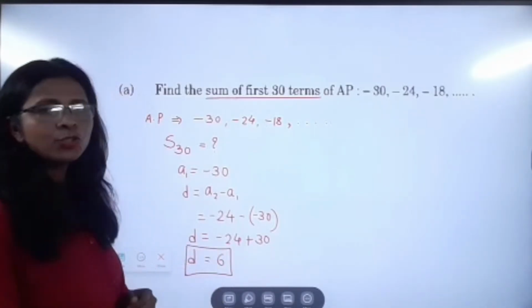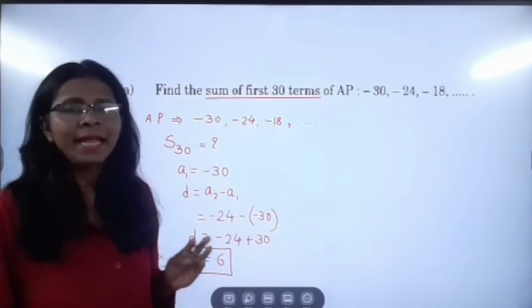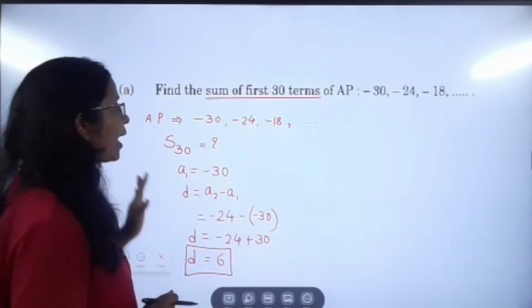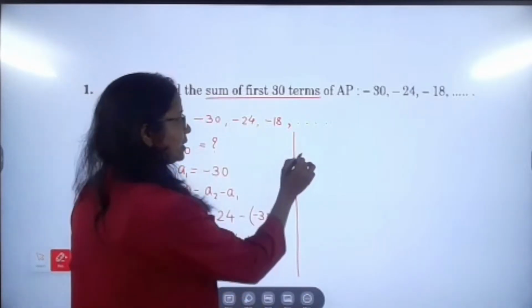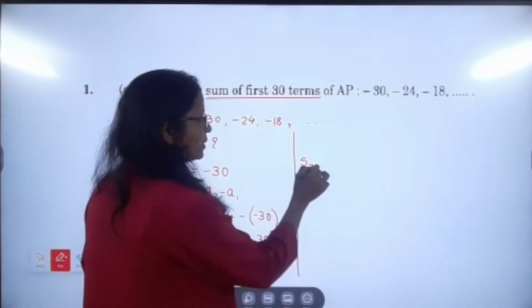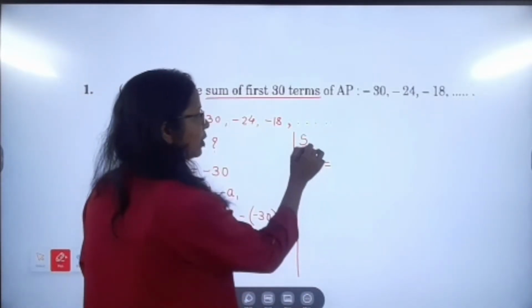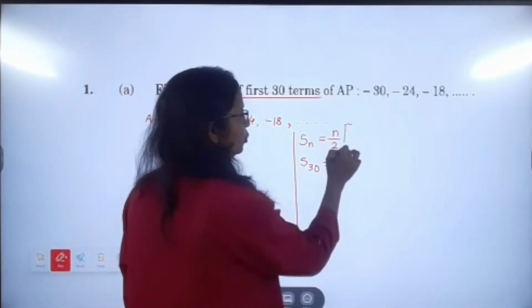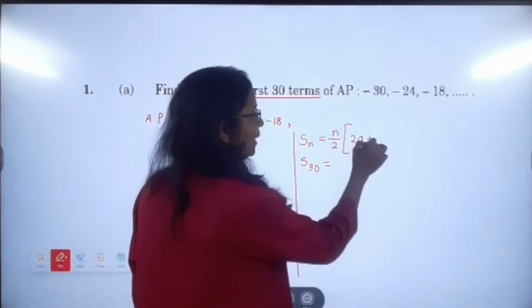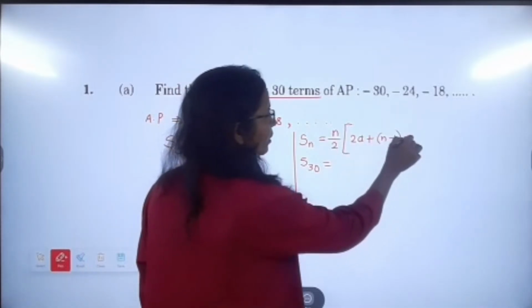Now we have the values of A and D, so we can find S30 by writing down the formula first. Sn is equal to n upon 2, 2a plus n minus 1 d.